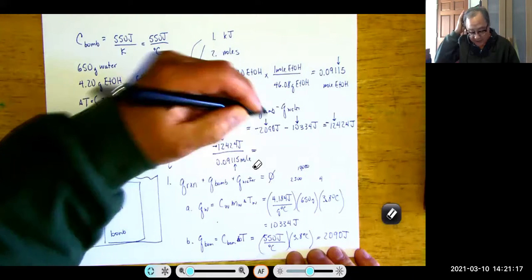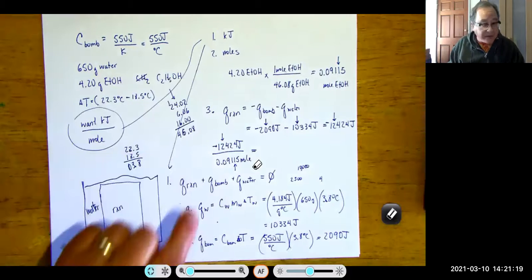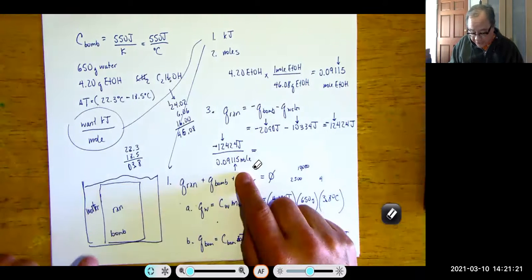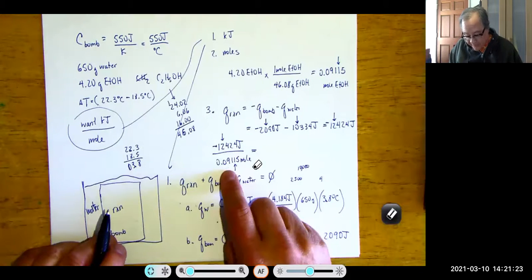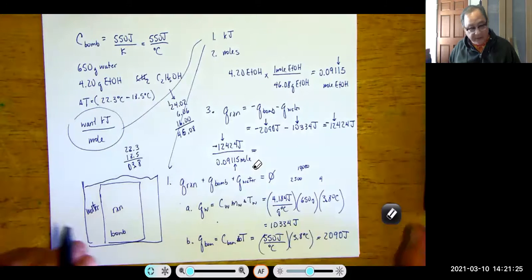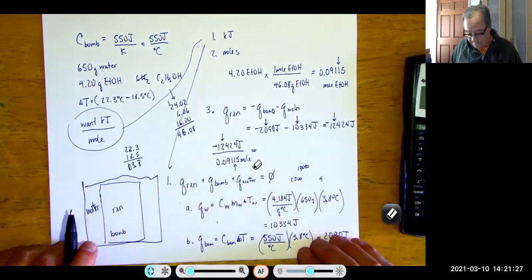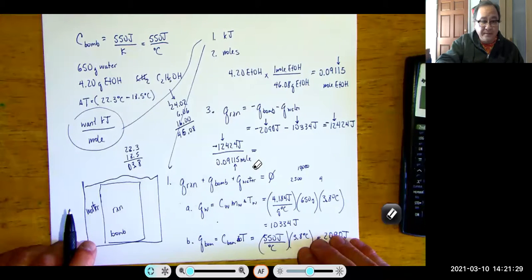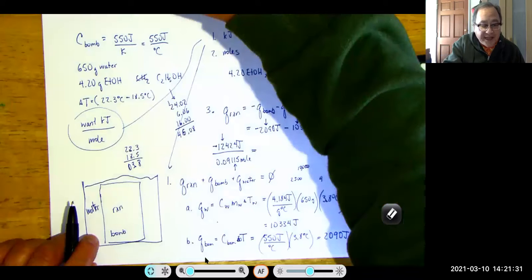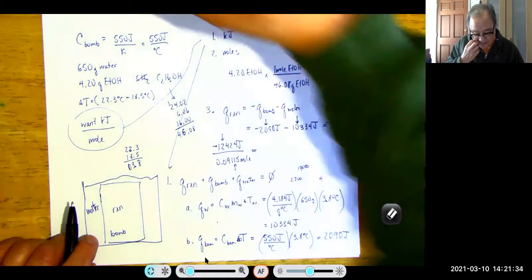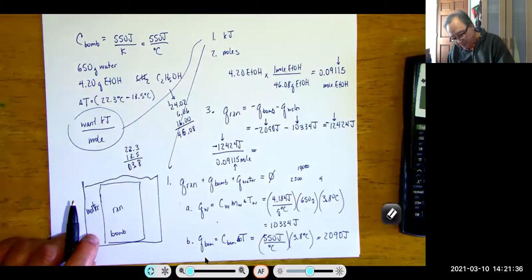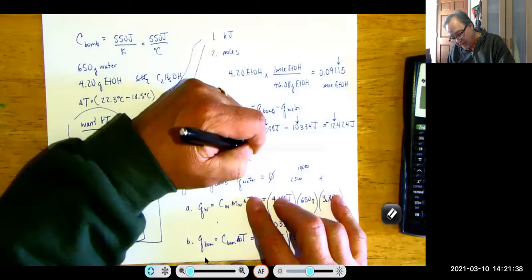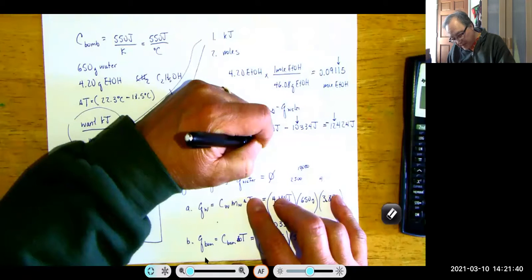Now, since we're doing division, we count sig figs. This gets 2, this gets 3. So how many sig figs are we left with? Well, it's just going to be 2, right? Now, does it say kilojoules per mole? Yes. So I'm going to go ahead and multiply this by 1 kilojoule over 1,000 joules.